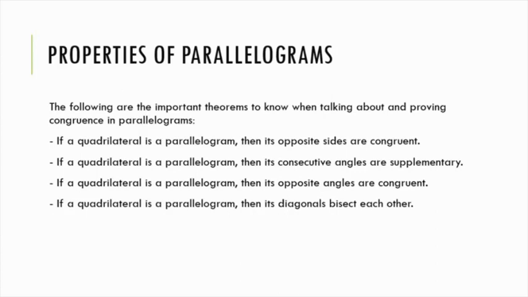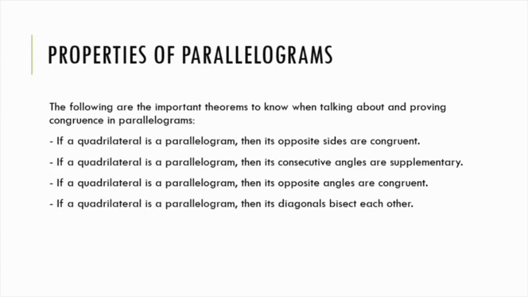Write these four theorems down. They will definitely be used later in your homework assignments, quizzes, and tests to prove congruence, either with triangles within a parallelogram or congruence of parallelograms in general. Remember, you can always pause the video to do that.